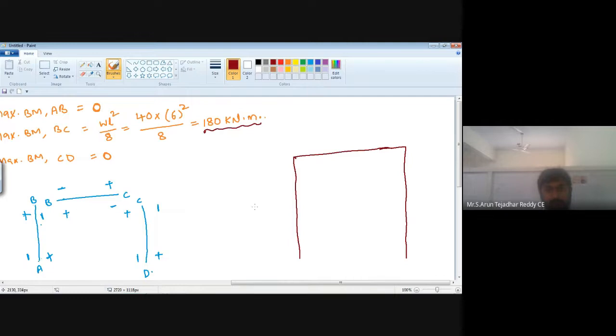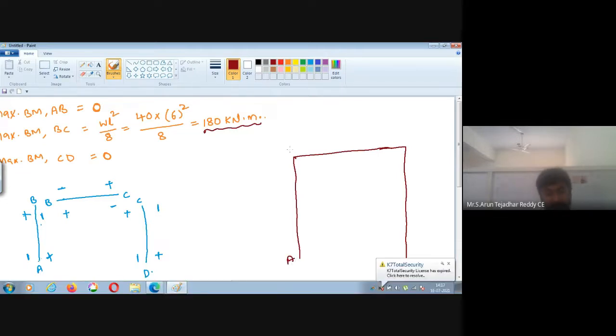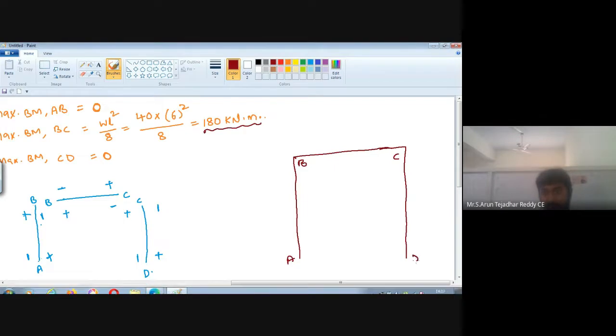Here AB and CD are 0. This is A, this is B, this is C, and here it is D. The maximum bending moment AB is 0, CD is 0. So no need here. Now BC is 180.